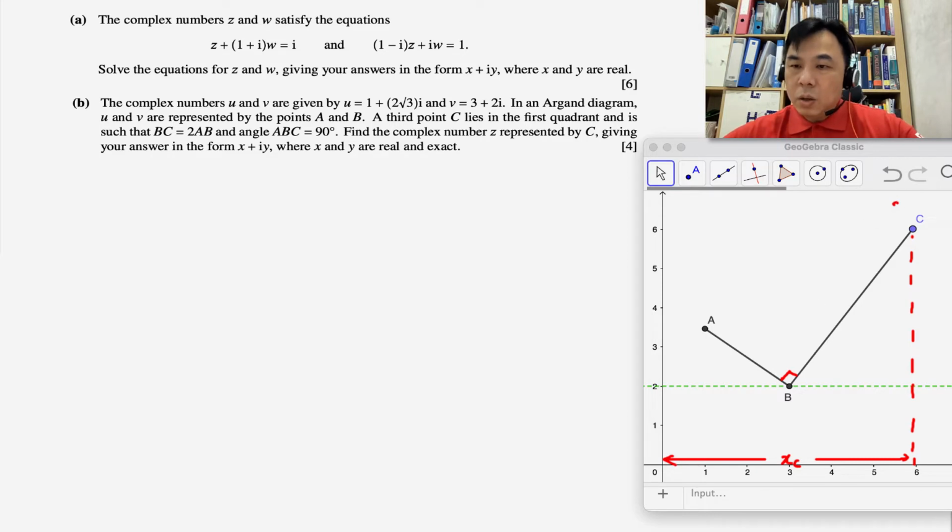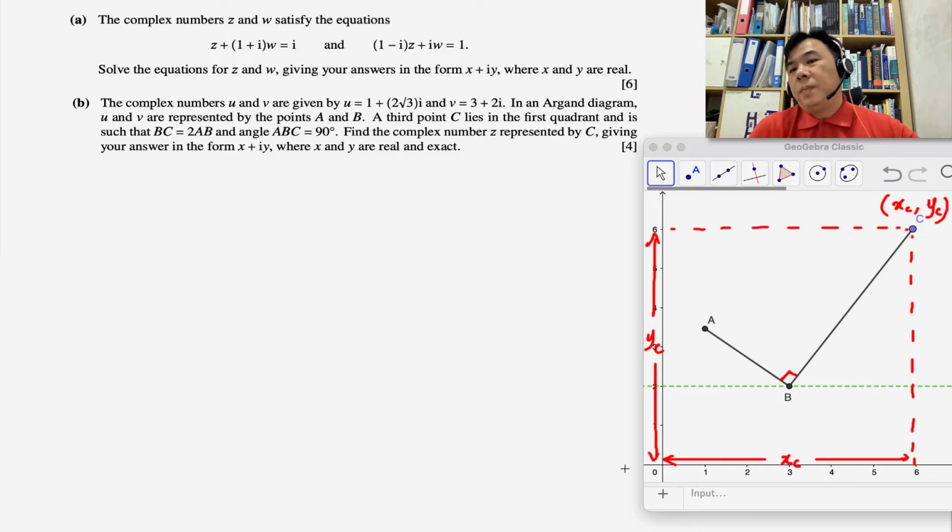That is the coordinate x for C, and the coordinate y for C I will label as yc. How do we get the coordinate y for C? Again, I like to stress that this is not the answer, just a rough sketch. So yc is over here, the vertical height. How do we get yc?